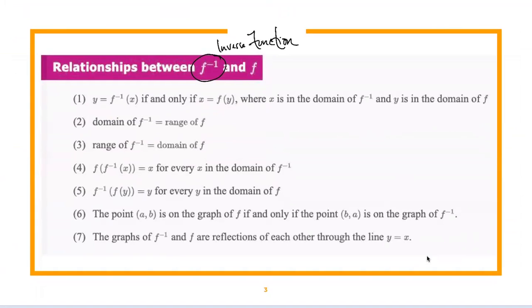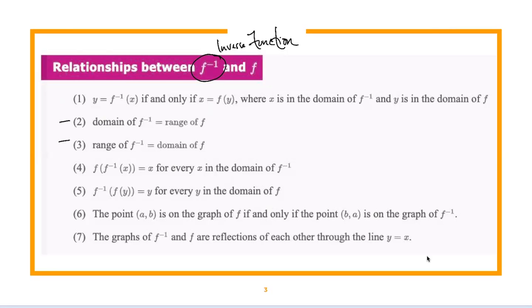So when we think about inverse functions, one of the first things that students tell me they know about inverse functions is that you take your x and y values and you switch them. And that's true. When we have inverse functions, we take the x's and y's and we switch them. And what that means is that the domain and range of those functions are now switched.